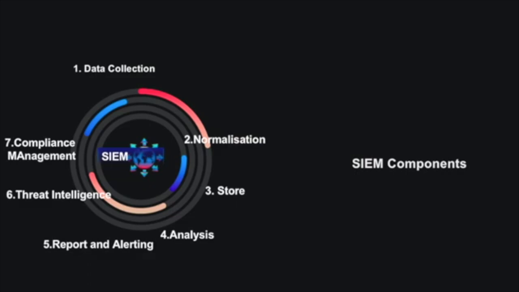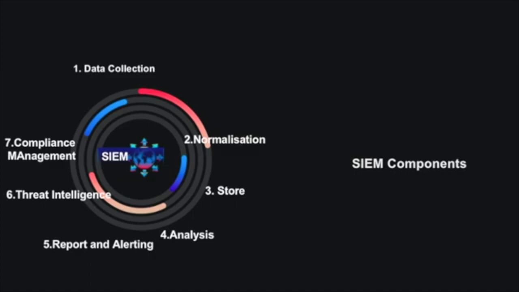The next topic I'll be covering is threat intelligence. Many SIEM solutions include threat intelligence feeds that provide information on known threats and vulnerabilities. This information can be used to enhance the SIEM solution's analysis and detection capabilities.